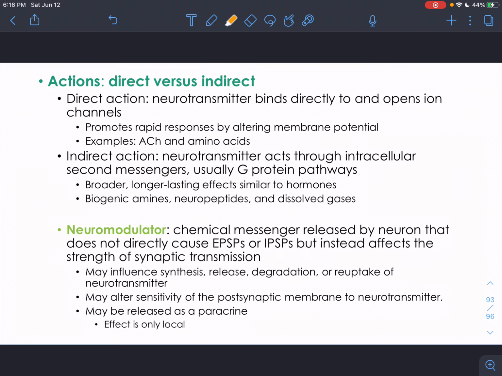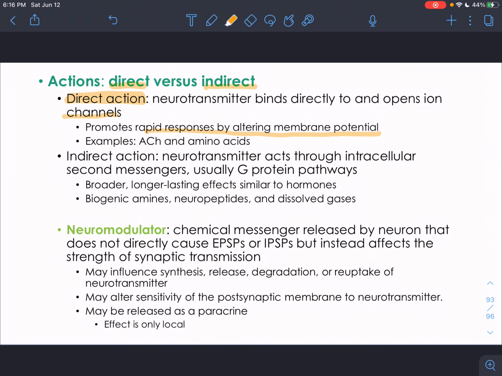Okay, and then the actions of the neurotransmitters can either be direct or indirect. Okay, so direct actions are actions that we've kind of already talked about, where the neurotransmitter binds directly to an ion channel. So it's going to promote rapid responses by altering the membrane potential directly by opening that channel.